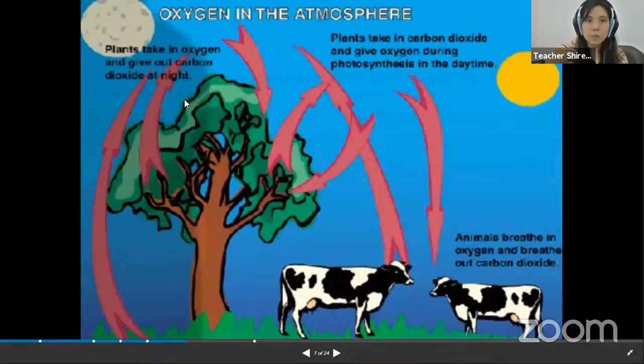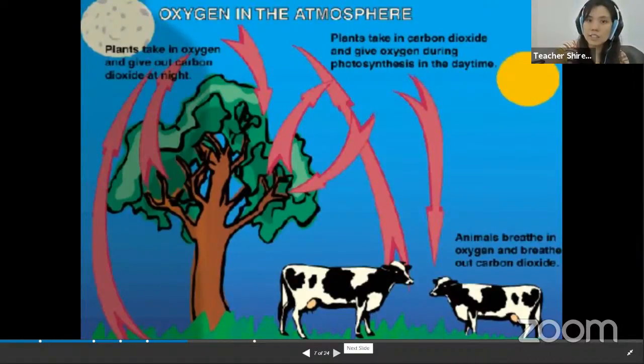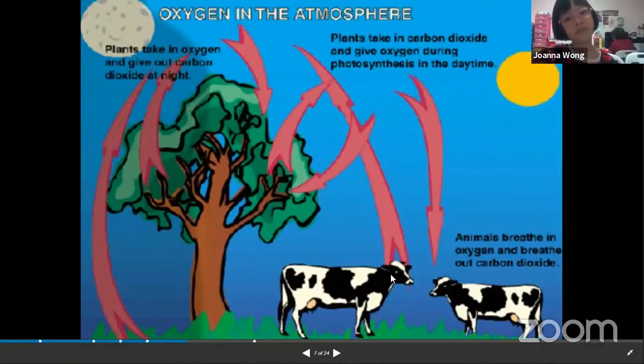The plants need carbon dioxide, while humans and animals need oxygen. So that's how we balance: I exchange with you, I give you, you give me. Teacher, does the cow need carbon dioxide? The cow needs oxygen. The cow breathes in oxygen and breathes out carbon dioxide.